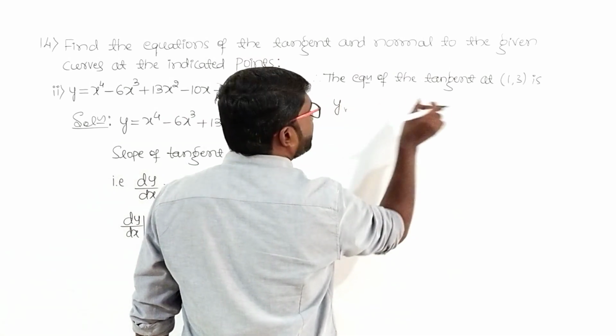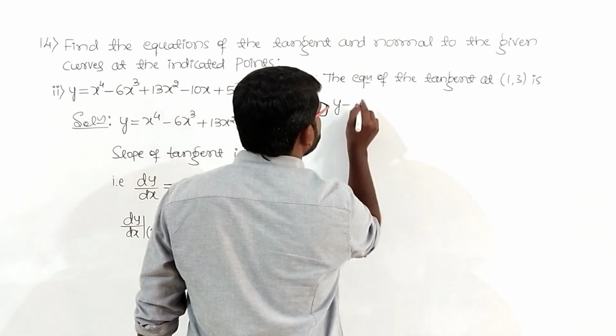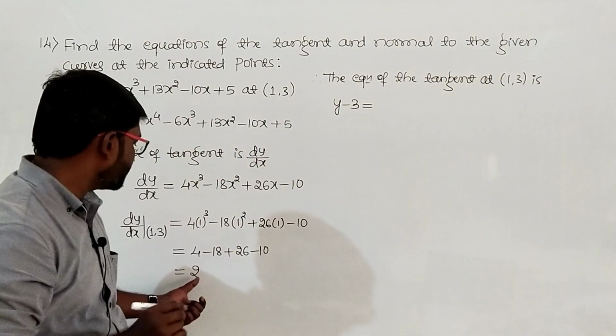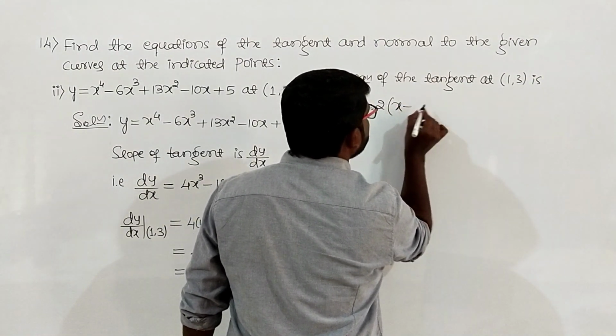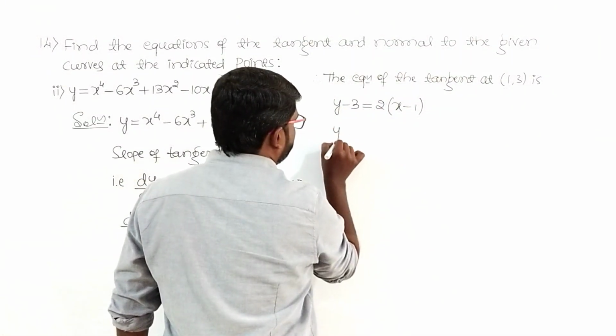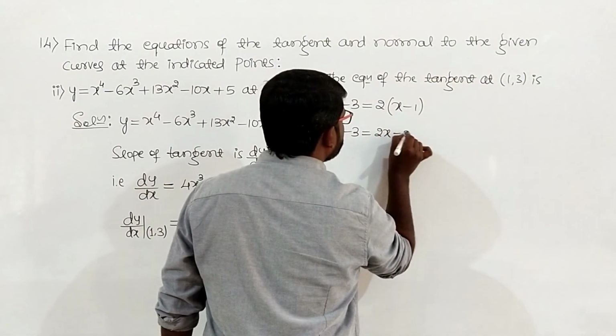What is y naught here? It is 3. So y minus 3 equals f dash of x naught, which is 2, into x minus x naught. The x naught value is 1 here. So the equation is y minus 3 equals 2x minus 2.